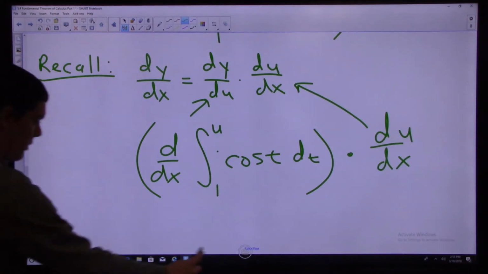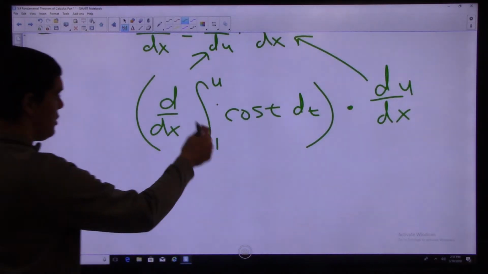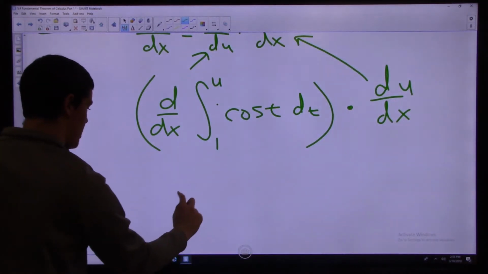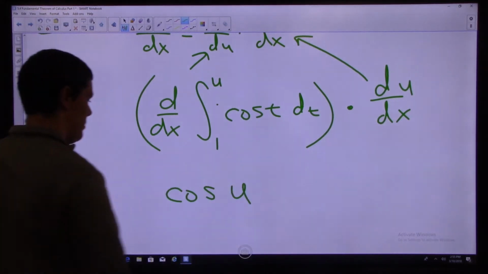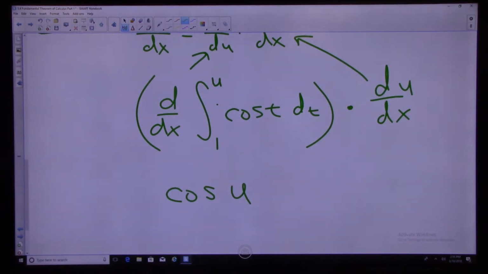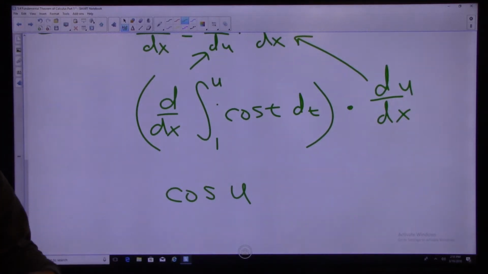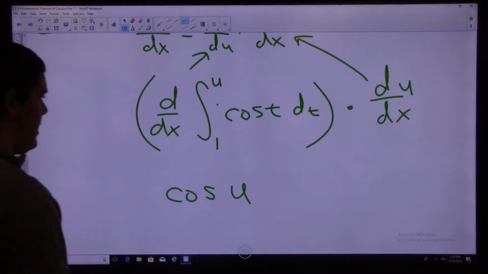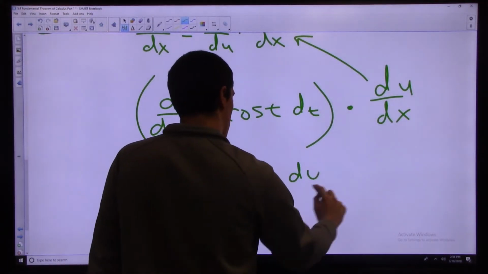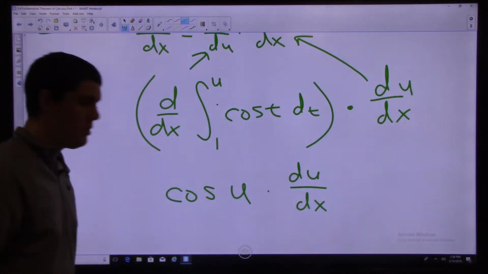Alright, so let's do it. The derivative of this whole thing right here is just cosine of u. We're done with that. Again, a is just some constant. It's not going to change anything. As long as it's a constant, that's all we need. Alright, let's keep it going. And then we need to multiply it still by du over dx.